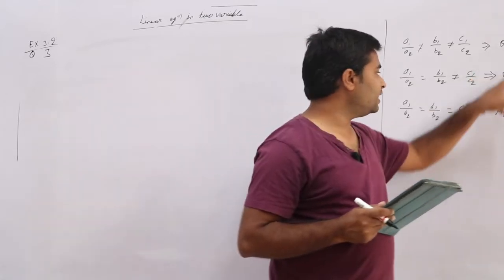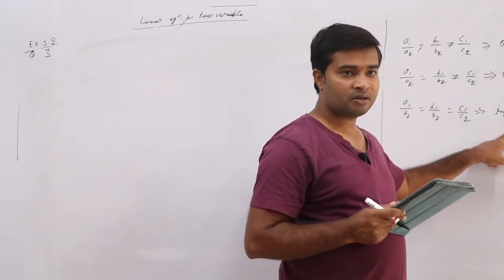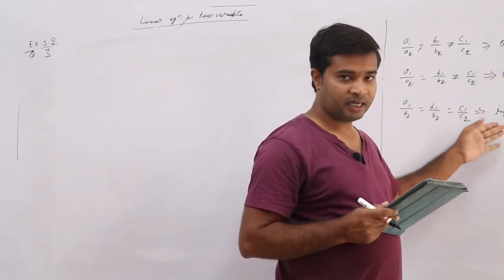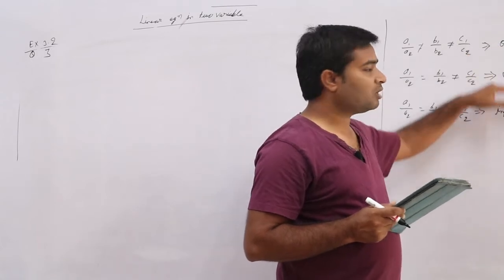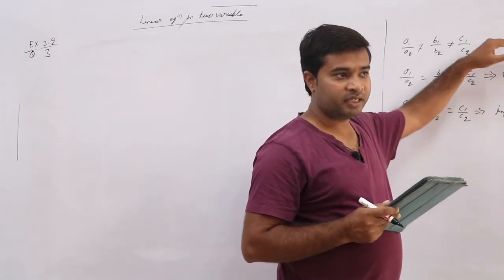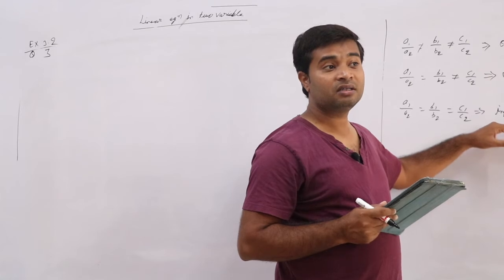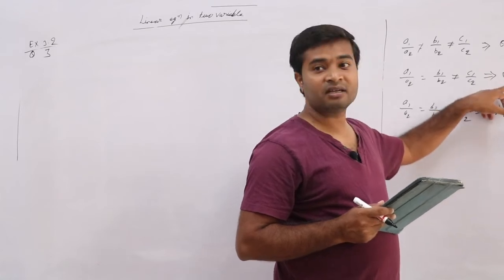So here and here we can get some solution. Here many solutions, and here one solution, right? So both these situations are called consistent, and this is called inconsistent.